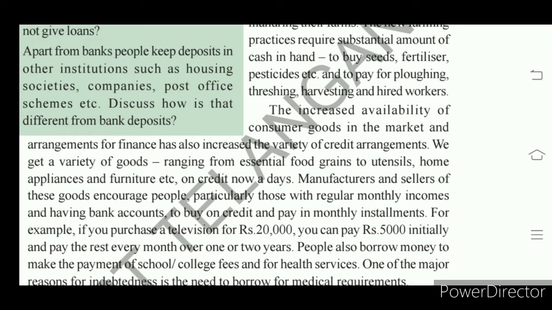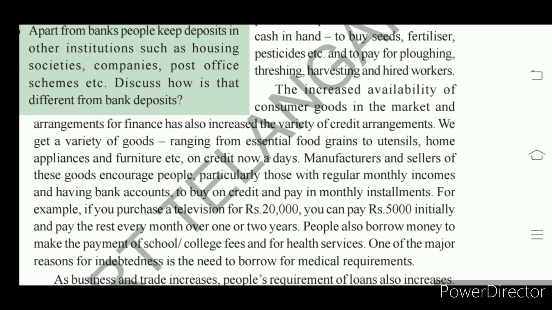Suppose you go to a showroom to buy a mobile phone, there you will find Bajaj, Ashok Leyland, ICICI, and the company itself also. Sometimes the showroom itself may provide credit. So there we need to satisfy the terms mentioned for getting credit.